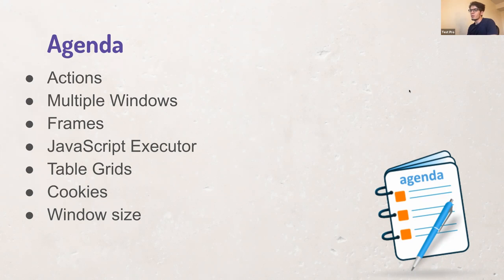For JavaScript executor, table grids and cookies, we probably won't have time today to cover them, so I will leave them for the Saturday class. But basically, because Selenium is open in the browser, and maybe you know that already, maybe you don't, all the websites are written in JavaScript.